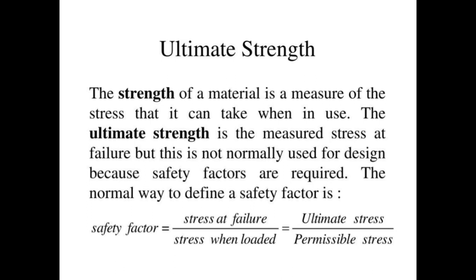Then what is ultimate strength? The strength of a material is a measure of the stress that it can take when it is used. The ultimate stress is the measured stress at failure, but this is not normally used for design because safety factors are required.